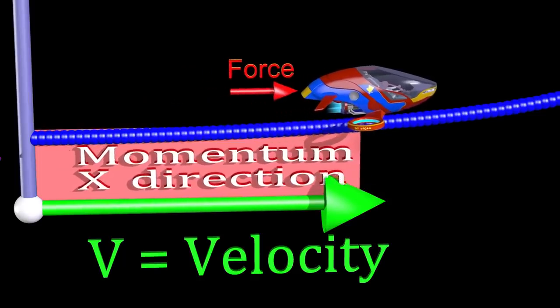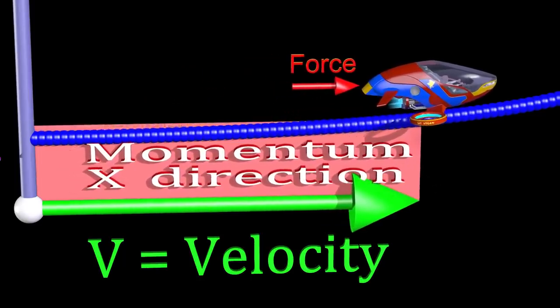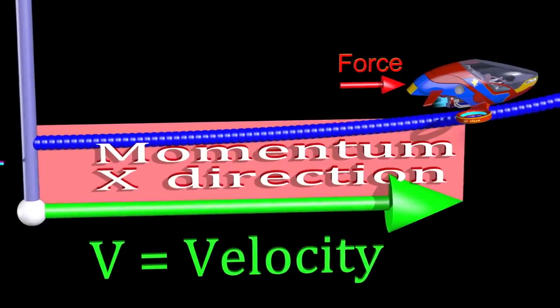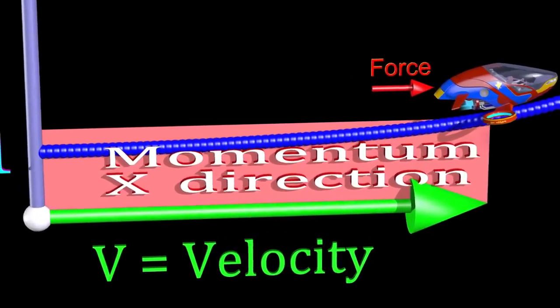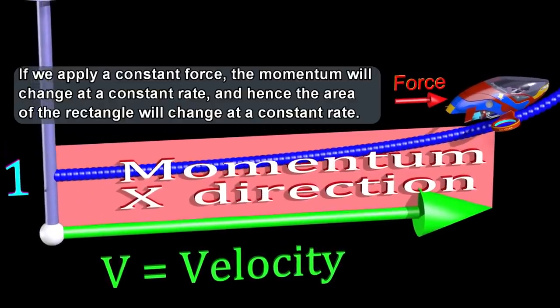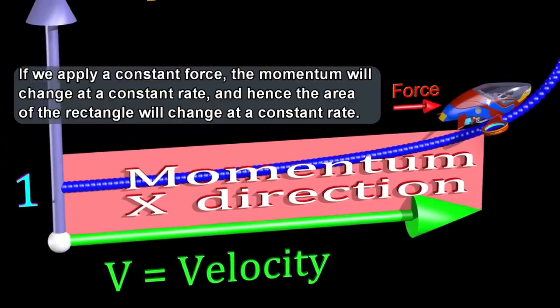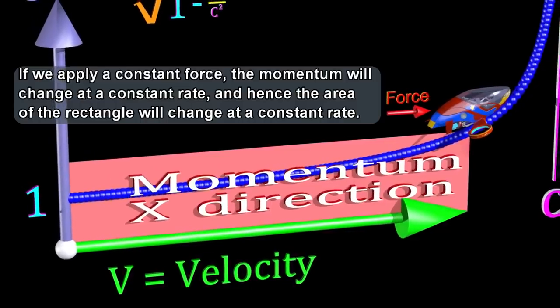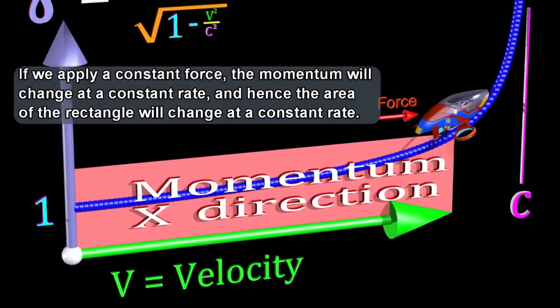The momentum in the x direction is proportional to the area of this red rectangle. If we apply a constant force, the momentum will change at a constant rate, and hence the area of the rectangle will change at a constant rate.